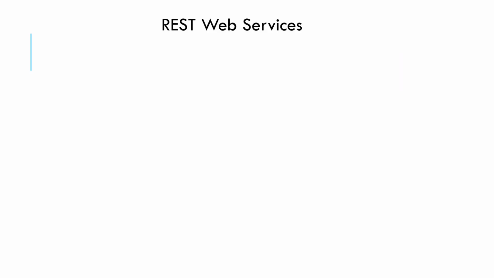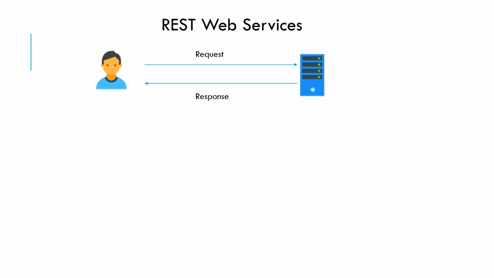So in a typical client server environment, we have a client which sends some request to the server and then gets a response back. The same process we also follow in REST web services.